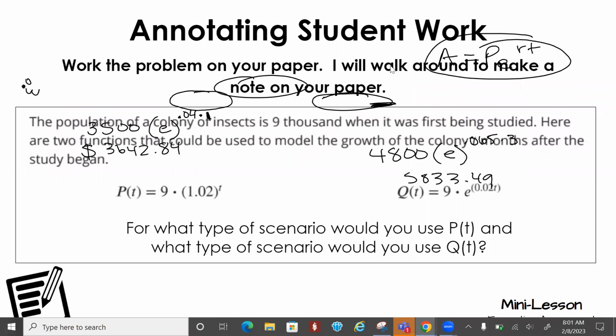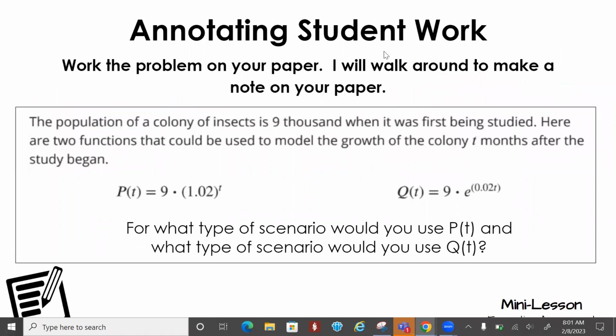Okay, so looking at this one, it says a colony of insects is 9,000 when it was first being studied. Here are the two functions that can be used to model the growth of the colony after the study begins. Which type of scenario would you use the first one, and which type of scenario would you use the second one? Okay, so remember, anything that looks like this is compounded continuously, right?